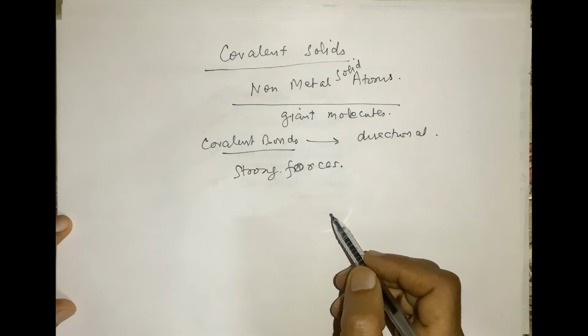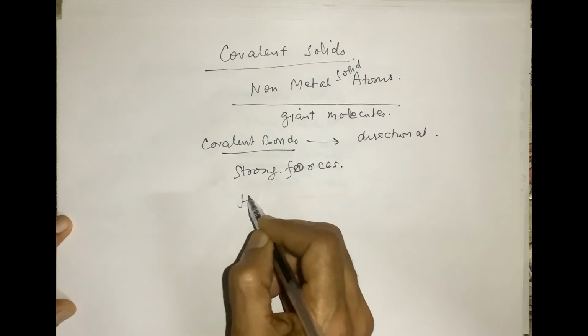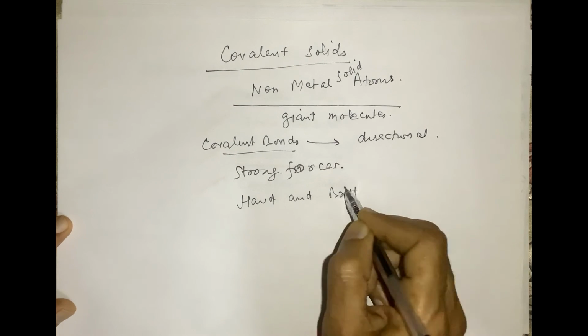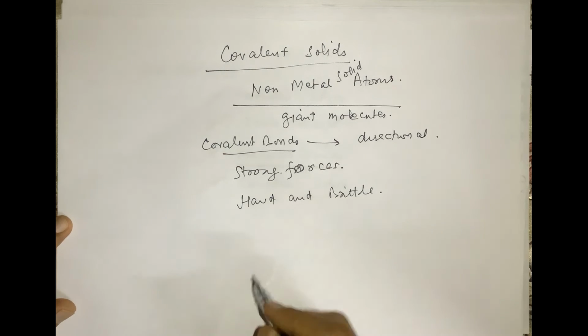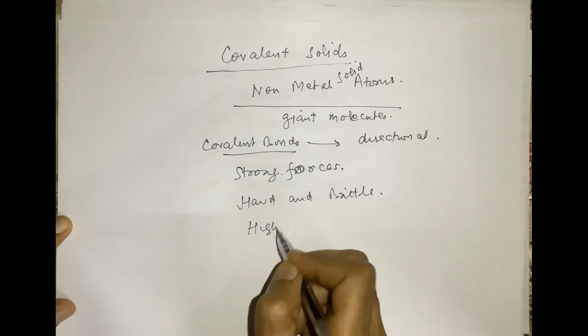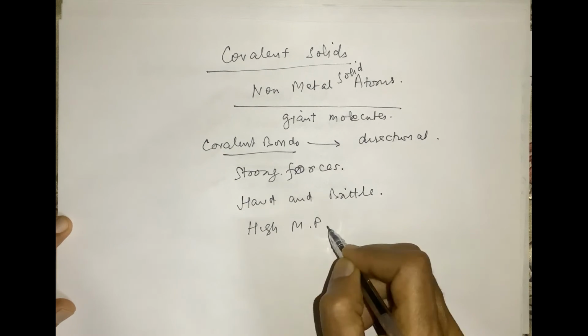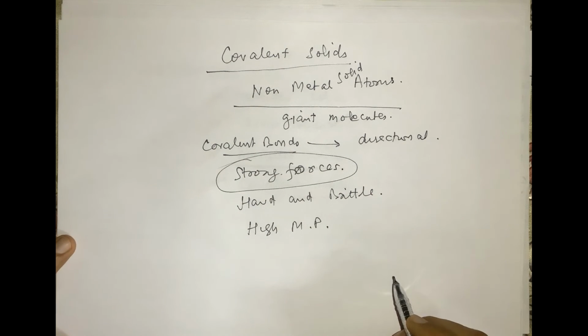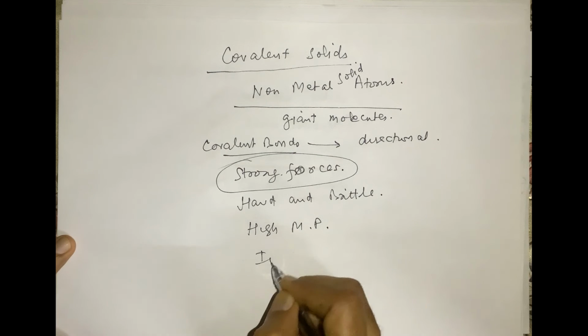Covalent bonds are strong, and they are hard and brittle. They have a high melting point. Why? Because of these strong forces. And they are insulators.